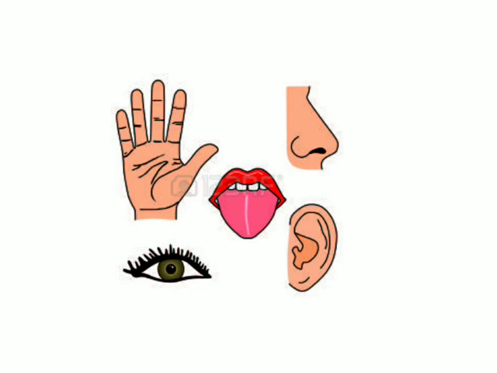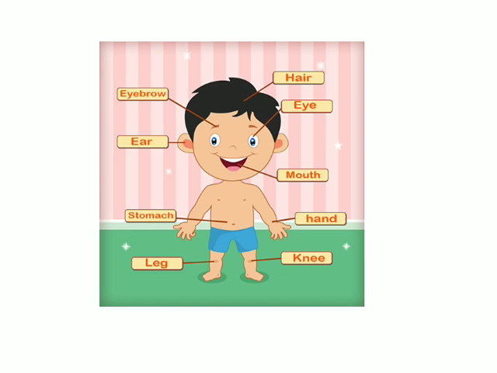And we all know their functions very well. We also know about all our body parts. So students, today our topic is also based on these parts of our body, which we are going to discuss here one by one.